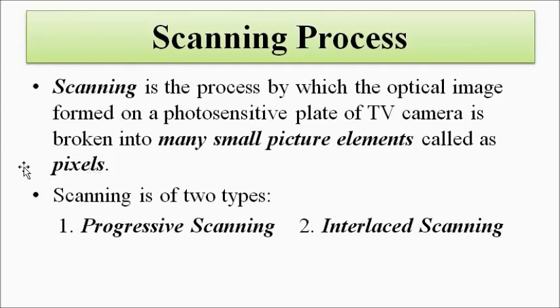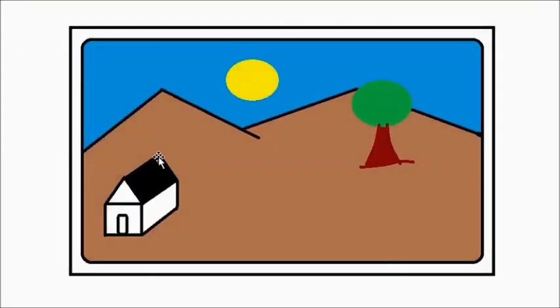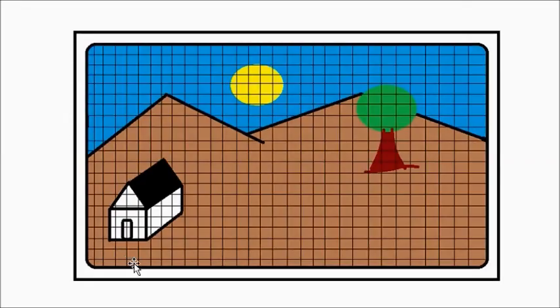For example, let's say this is the image or picture which is to be transmitted. We cannot send it as a whole, we have to break it down into small picture elements. These small squares represent the small picture elements. Here the squares are prominent and visible, but in actuality they are so small that it is very difficult to pinpoint whether it is a square.